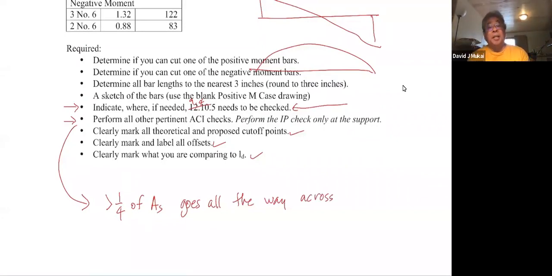You just say more than 1/4 of the bars went from the support to the support. Okay, that's the check. There's not. I don't know how you can cut more than 3/4 of the bars. Like you would have to have 10 bars and cut 8 of them, or something like.